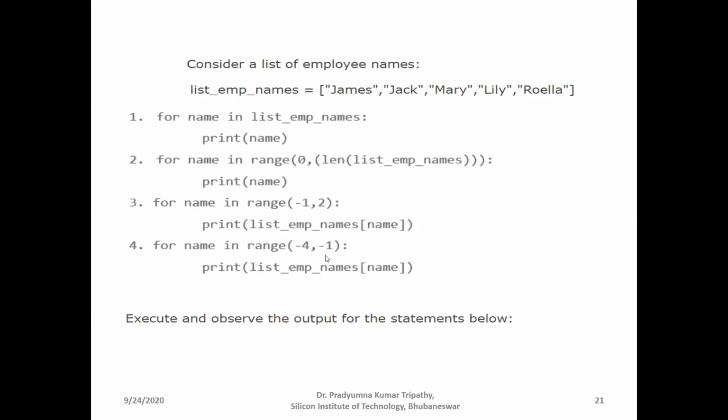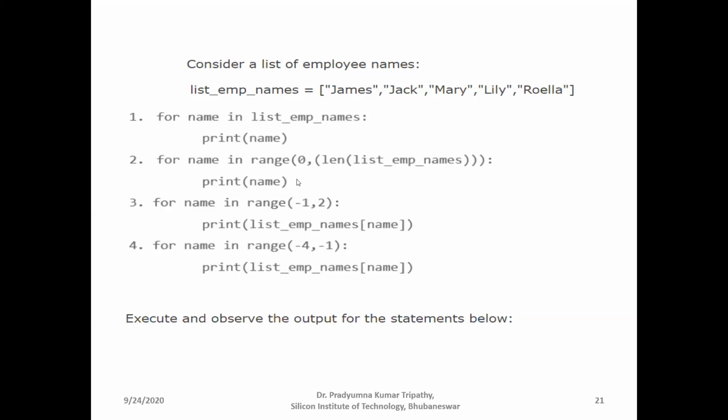Similarly, from -4 to -1, so that will print what? -4 to -1. James to Lily. So James to Lily. Why is it James?